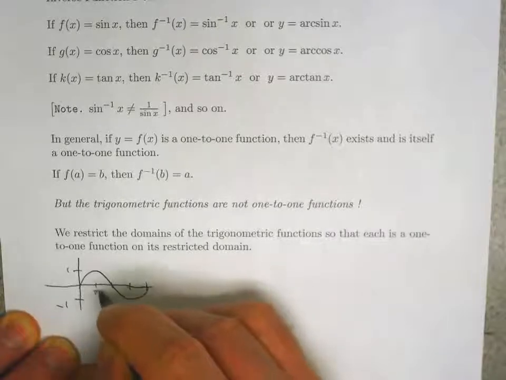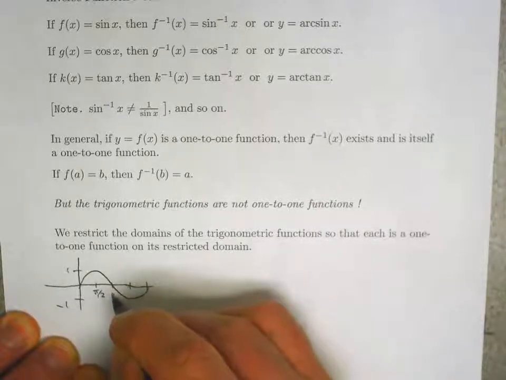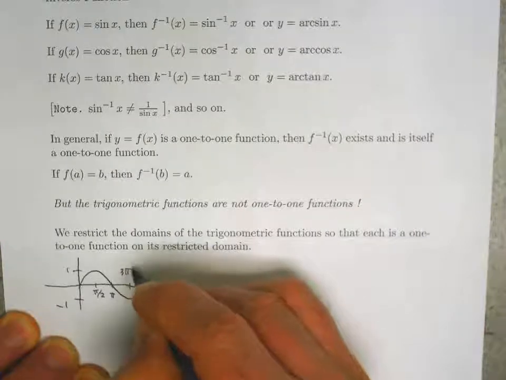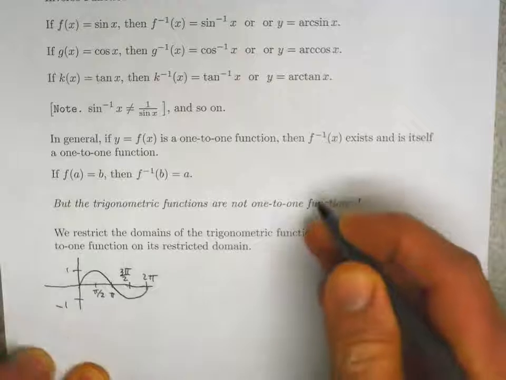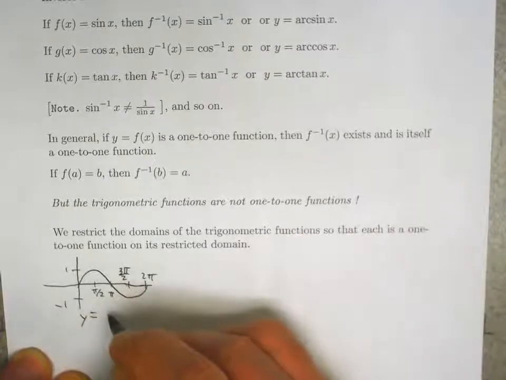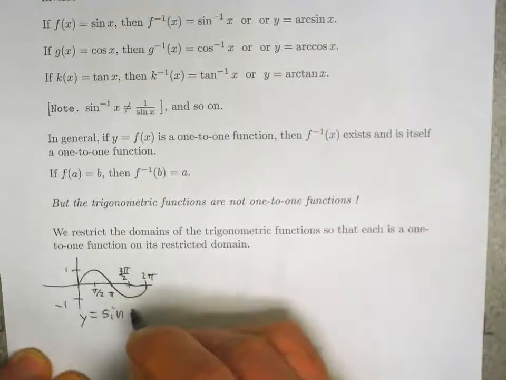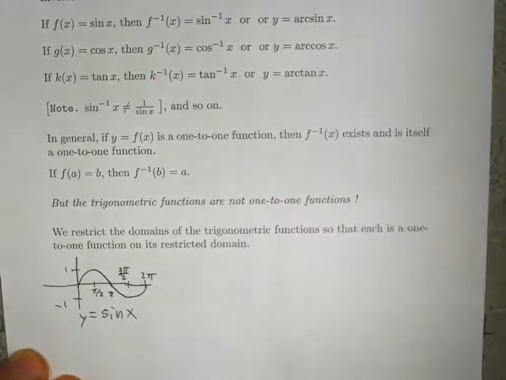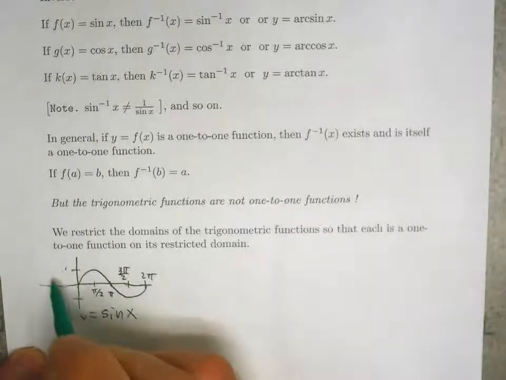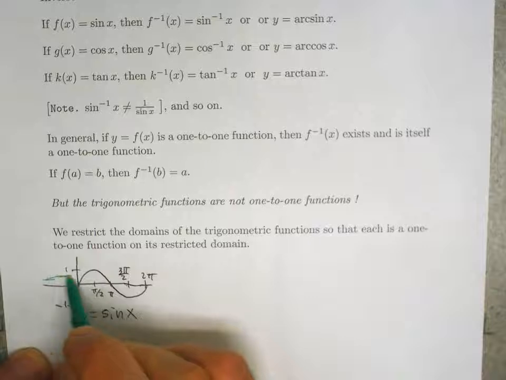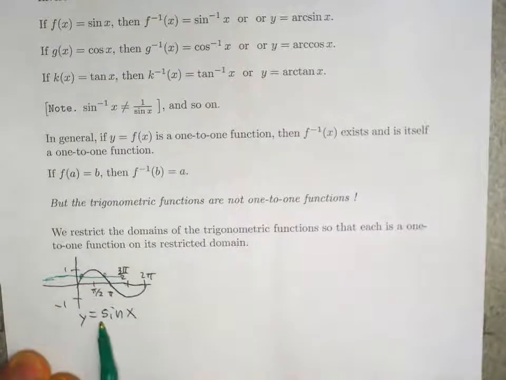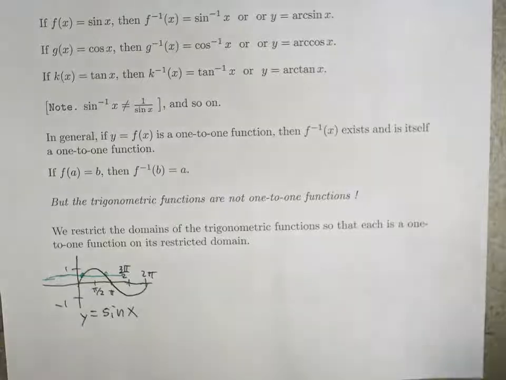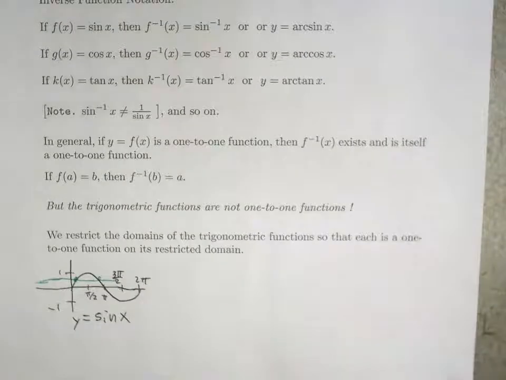Those are pi over 2, pi, 3 pi over 2, and 2 pi. This is just a graph of y equals sine of x. Well, it fails the horizontal line test. So y equals sine of x on its full domain is not a 1-to-1 function.